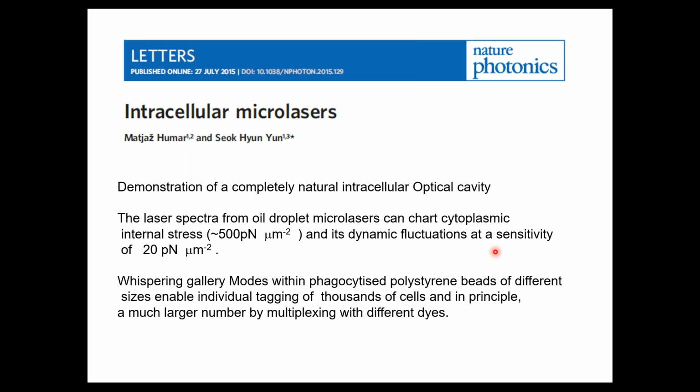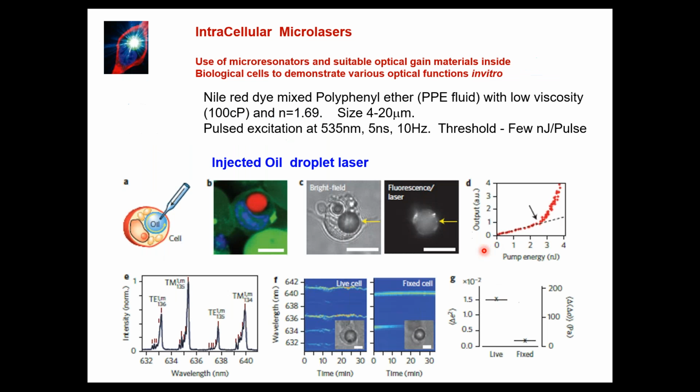So in this particular example, different types of microcavities are incorporated in the biological cell to monitor various dynamic fluctuations happening in the cell. For this purpose, different microbeads or liquids are injected into the cell.